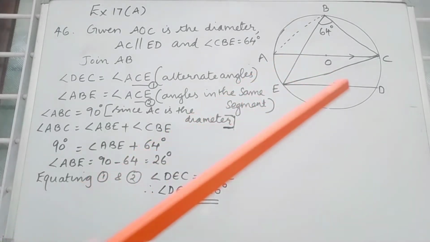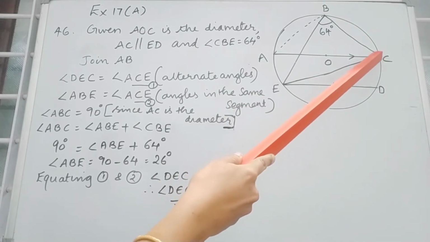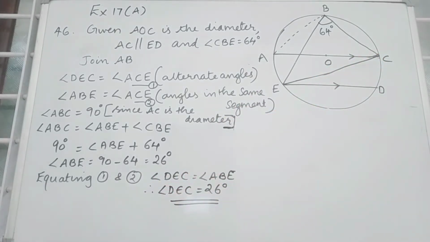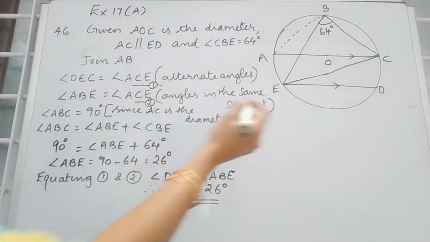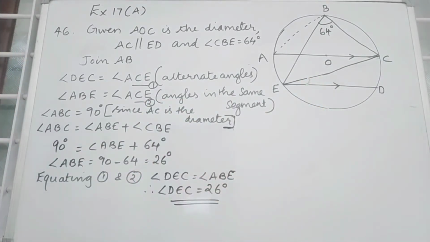So this angle DEC, since AC is parallel to ED, what about angle ACE? DEC and ACE, these two will be the alternate angles.